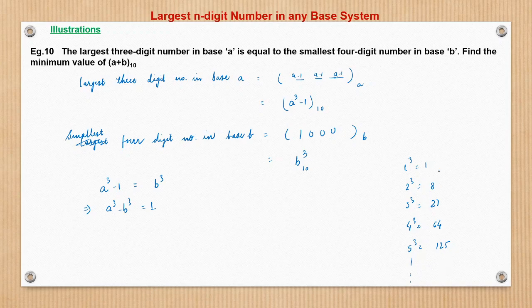Here the difference between the two is 7, this is 19, this becomes 37, so that difference is also increasing. So there are no possible integral values of A and B such that the difference of the cubes is 1. So therefore there's no solution to this question.